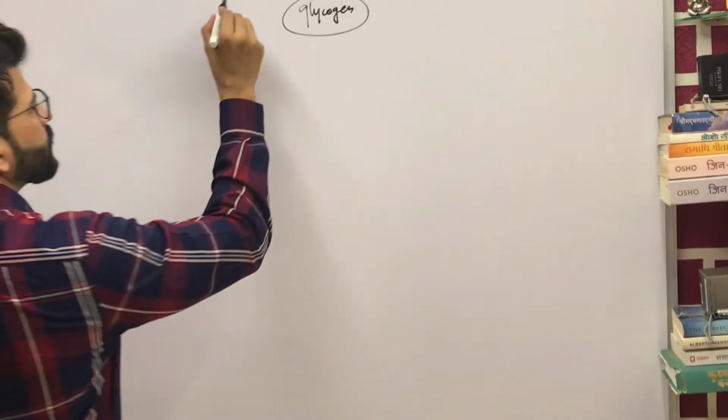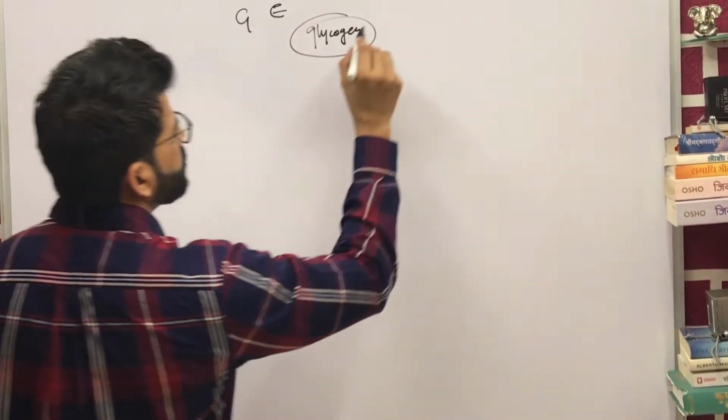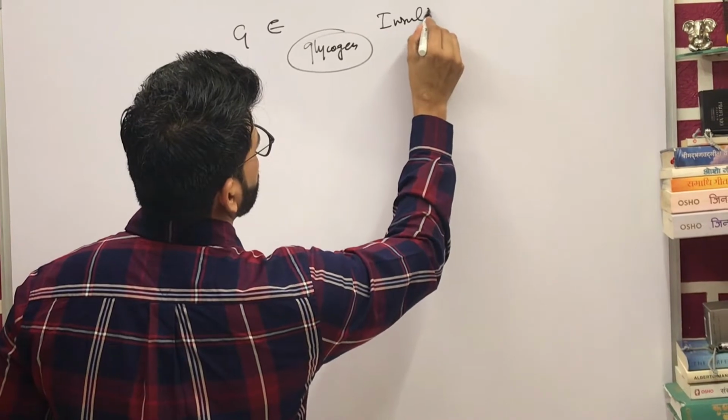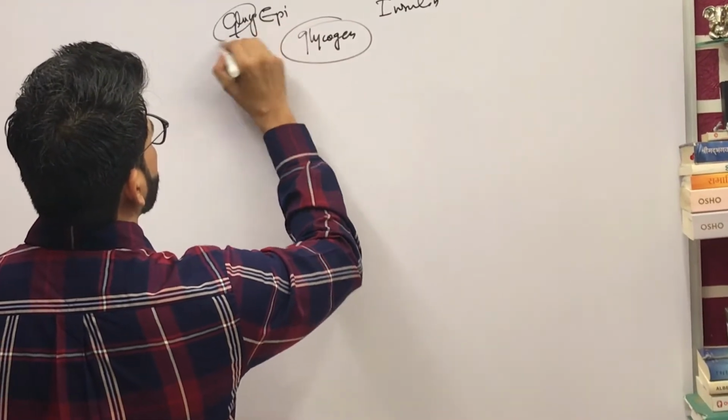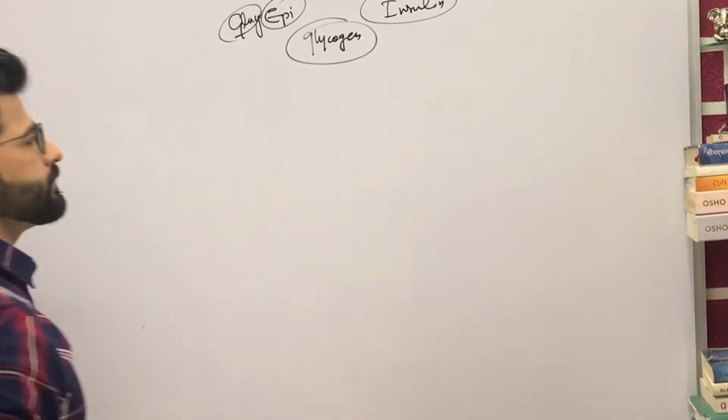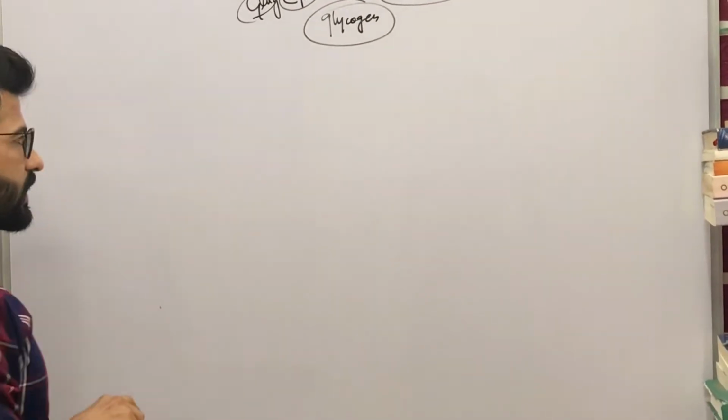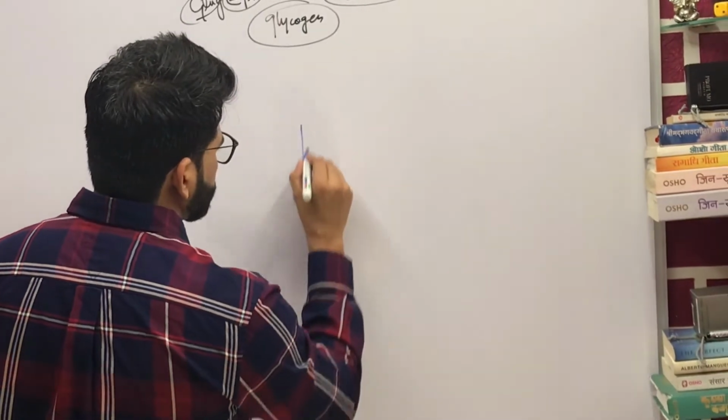What is the effect of glucagon, epinephrine and insulin on glycogen? What is happening is the glycogen is stored in the liver.